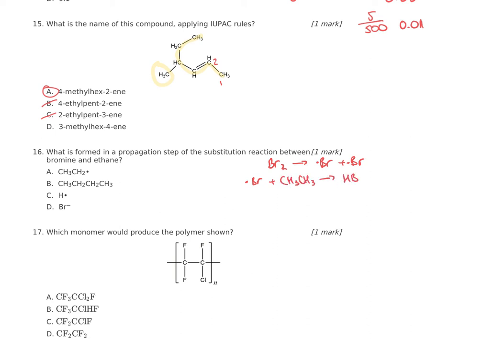So we're always going to get HBr or HCl or whatever, plus your free radical, so CH2, CH3. So it's going to be A. We can never form C. And D we can never form either because it's a negative ion, not a free radical. So it would have to have had both electrons. And we can't form a longer carbon chain. So actually I could have done it without even working that out.